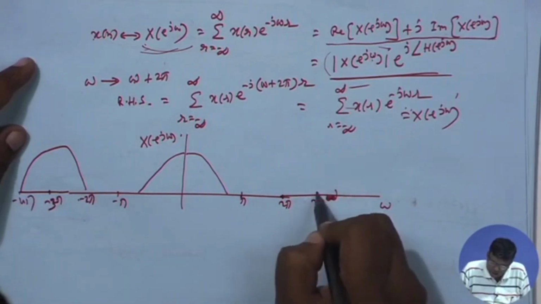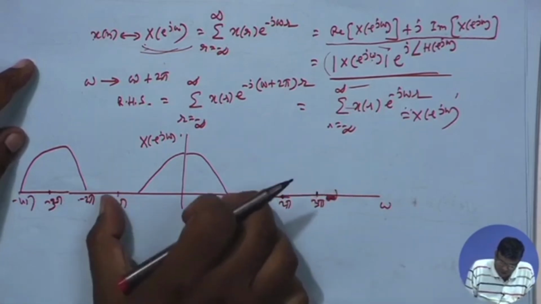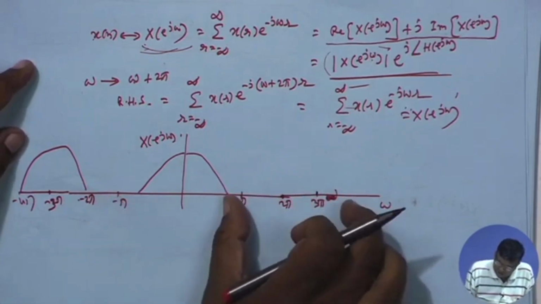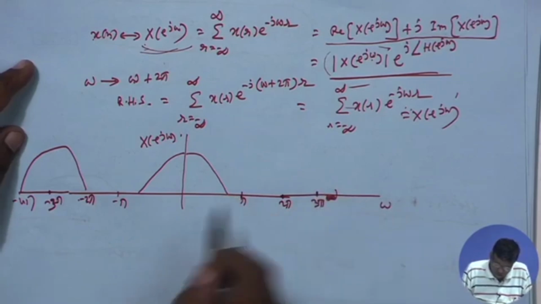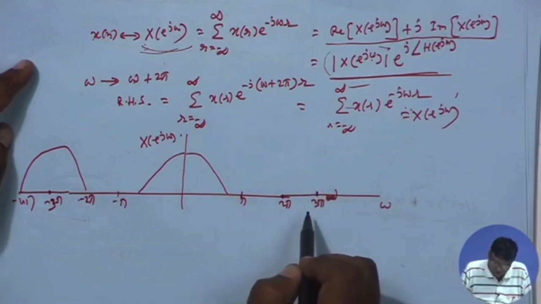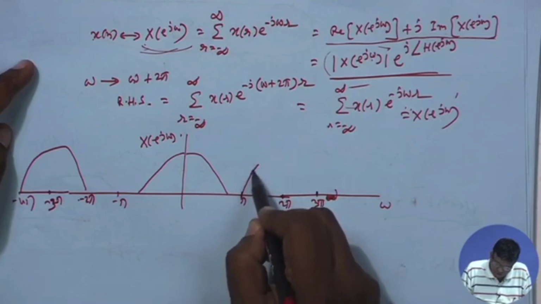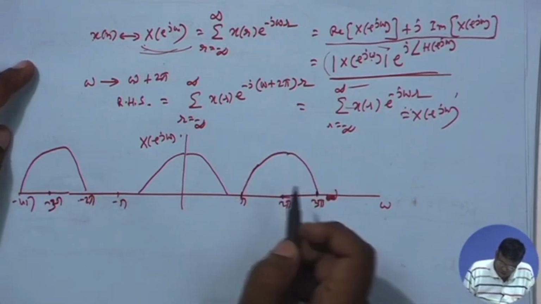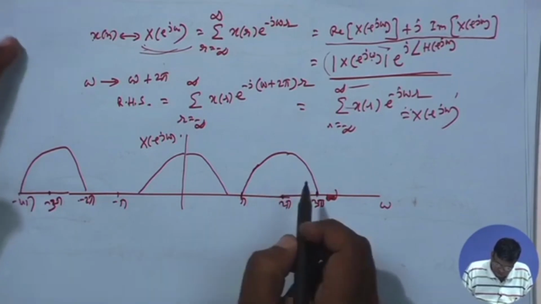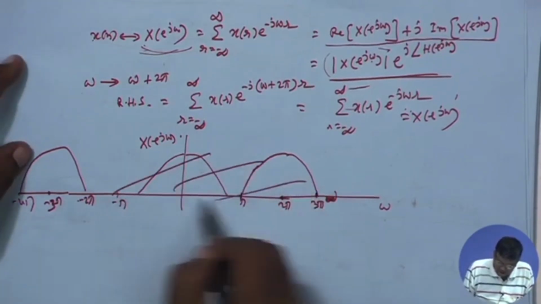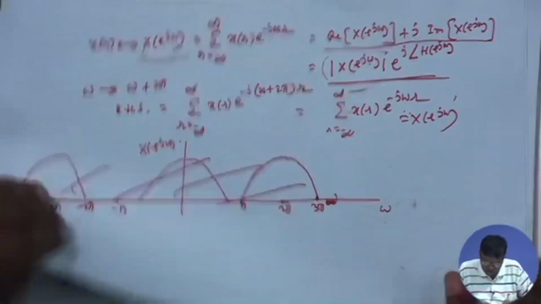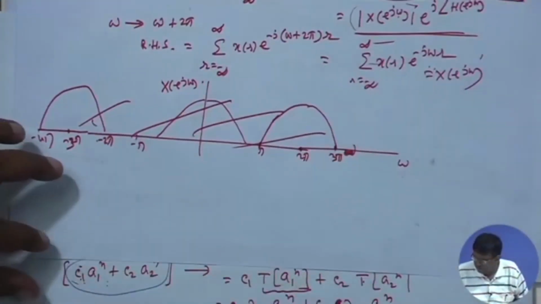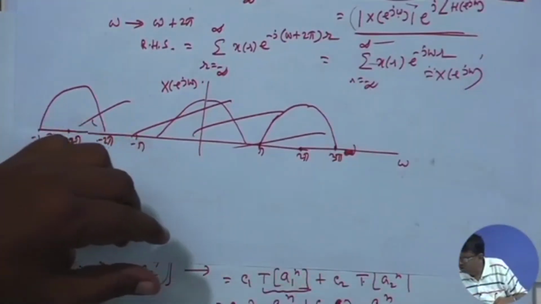Here again the same thing, minus pi to pi, next period is pi to 3 pi, right. So, it will be repeated, minus pi to pi one period. Okay. I think I will redraw it, I made some mistake here, the boundary is not correctly done.